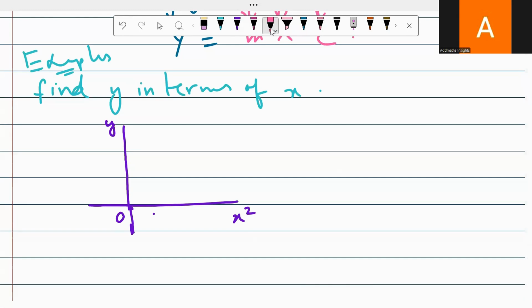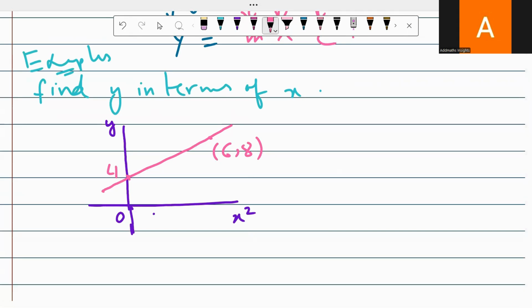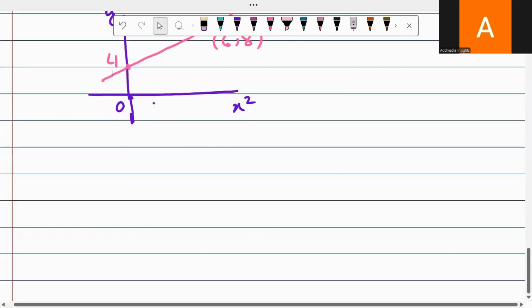And we have a linear line, and you are given two coordinates on this line, 6 and 8, and the coordinates of this point are 0 and 4 because it is on the y-axis. The question is, you have to convert from a linear form to a non-linear form. So the linear equation is y equals mx plus c.